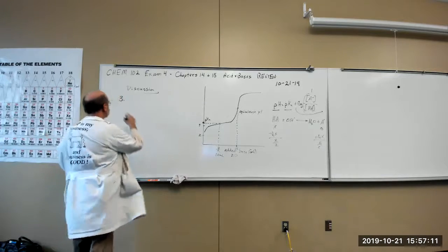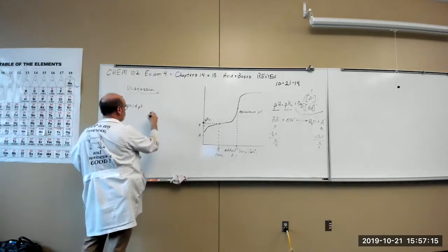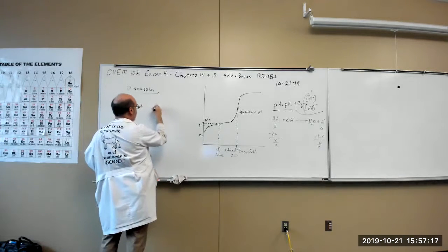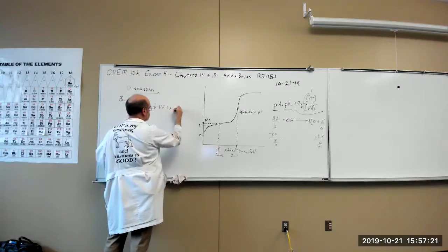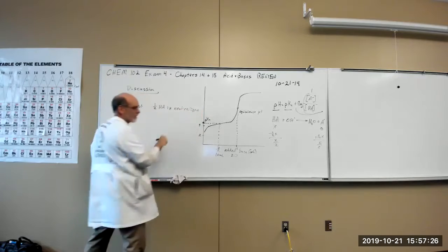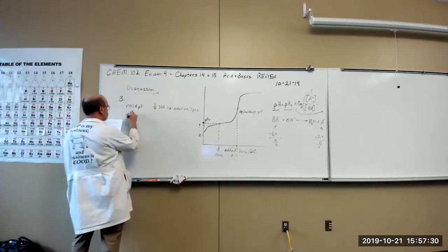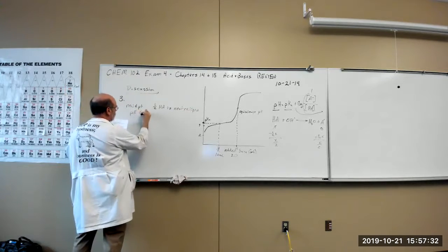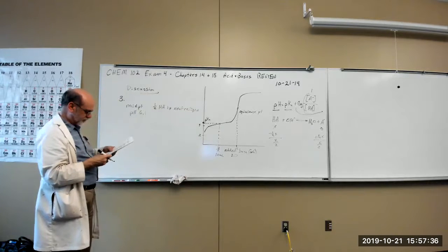Oh, okay, so what we're saying is the midpoint of the reaction is where half of the acid is neutralized. That's right in the middle of the buffer zone. And that pH, in this case, is 6.1. That's what they mean by midpoint.